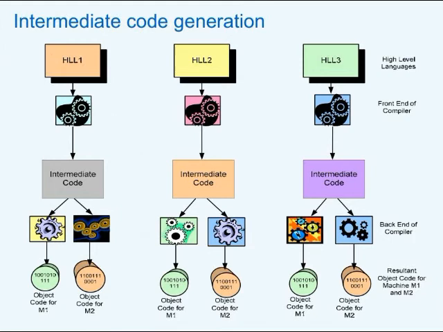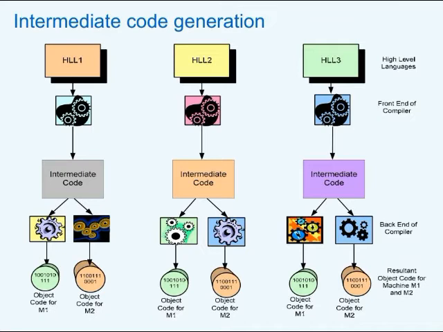How the intermediate code generation phase helps is that whatever is specific to the programming language is kept common, and whatever is specific to the machine is developed separately for these two cases. So, intermediate code generation gives output which can be understood by this part of the compiler as well as this part of the compiler.